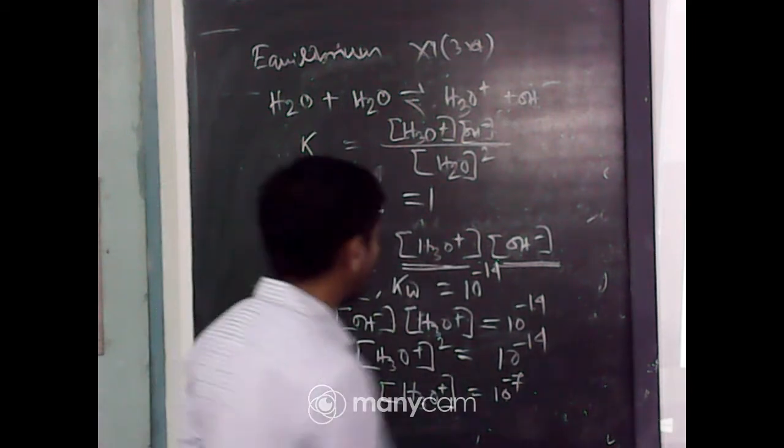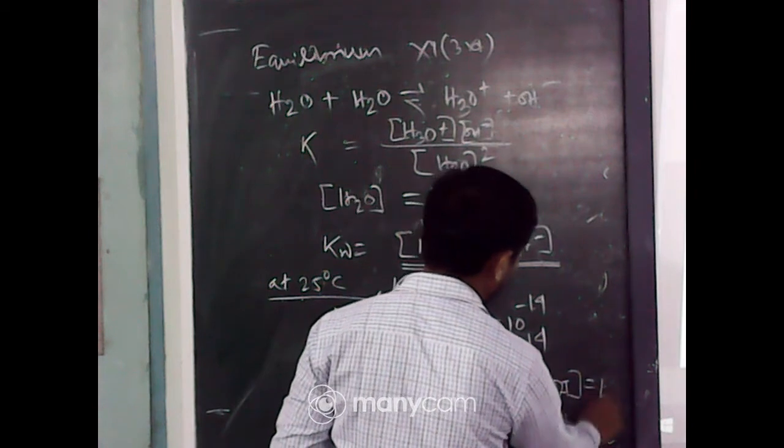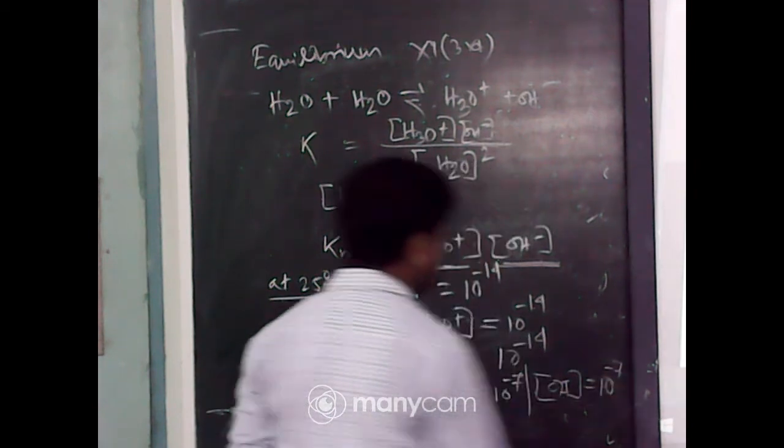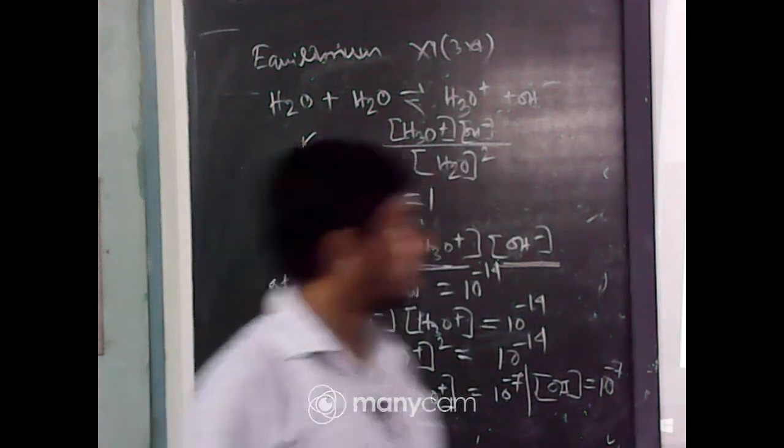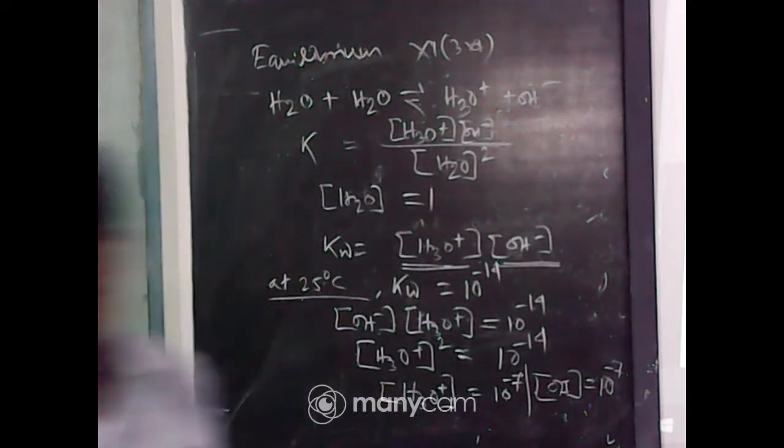In the same way, the concentration of OH minus is also 10 to the power minus 7. Clear?